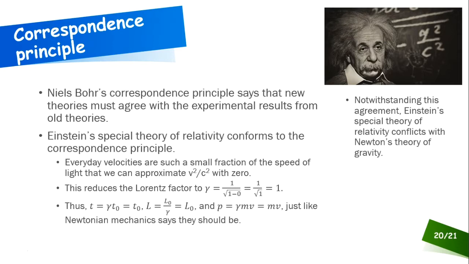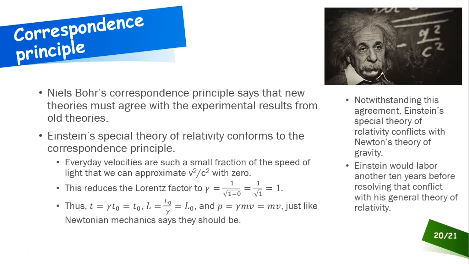Of course, Einstein, recognizing this feature, said, I've got to find the general theory. And he actually worked on that for 10 years before he was able to figure out how to make a theory of relativity that could jive with Newton's theory of gravity. Took him 10 years, but he actually did it.